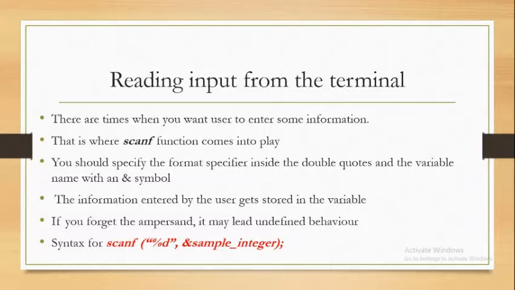The syntax for the scanf function is this: inside these double quotes you have to use the format specifier for the suitable data type, and you have to write the name of the variable after a comma, and the variable should always be along with the ampersand symbol.